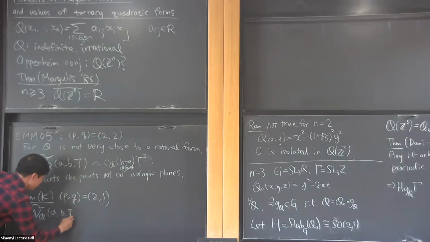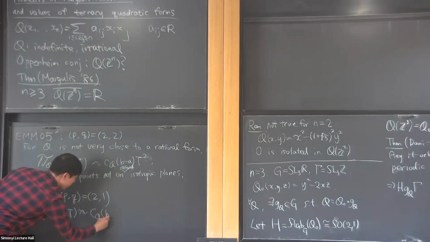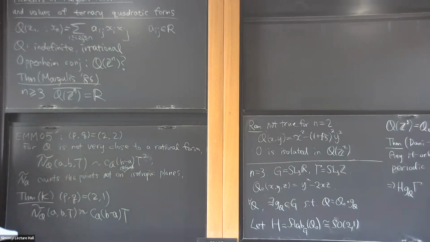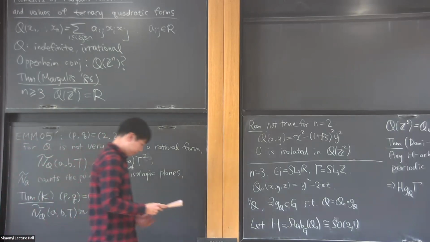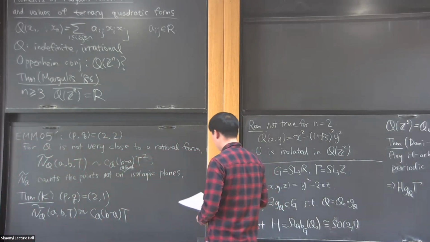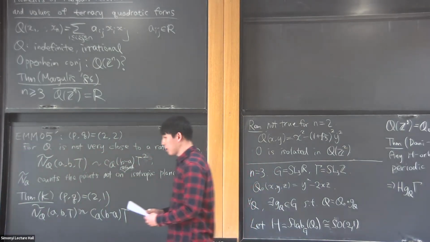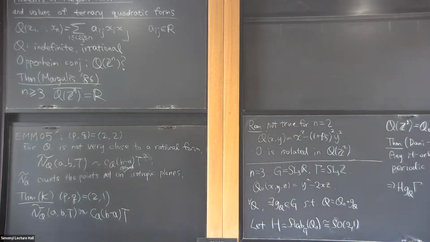In this case, the asymptotic is as expected, and Q tilde again counts the points not on such exceptional subspaces. So lines, right, in this case. Lines, and there are also exceptional planes.